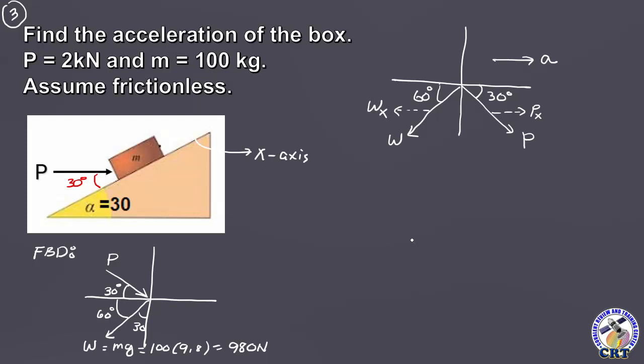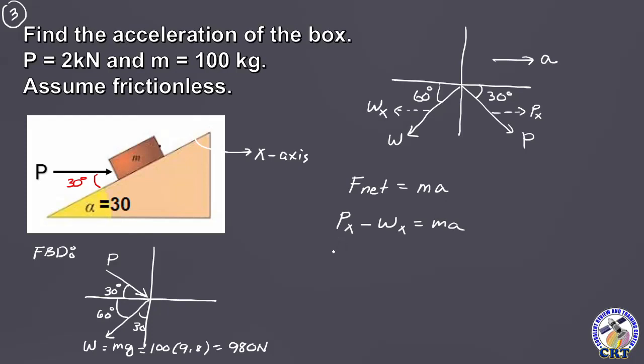So since this is a frictionless scenario, we don't have to solve for N and small f. So let's begin calculating the acceleration using F net equals ma. Our F net is positive Px minus Wx equals ma.